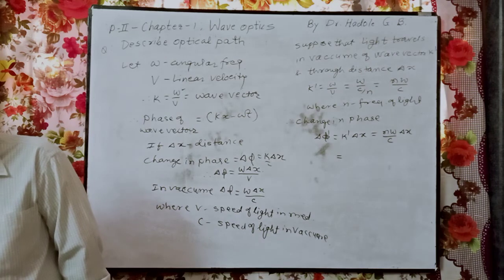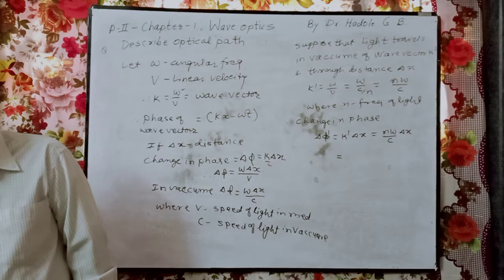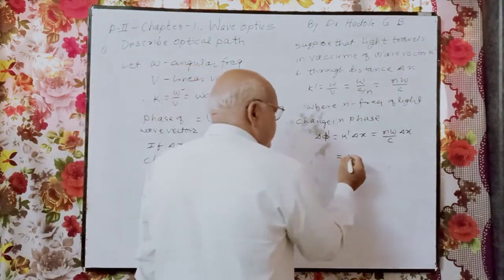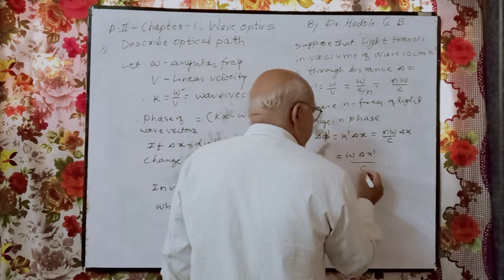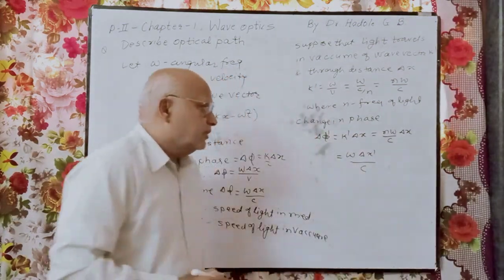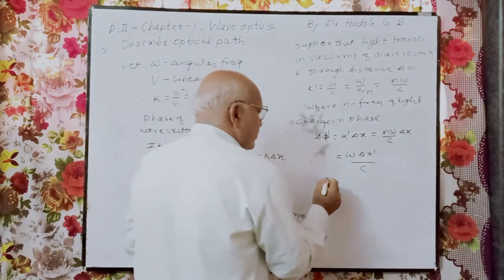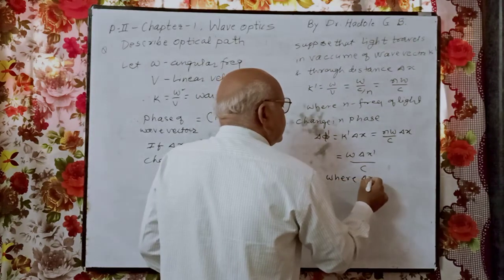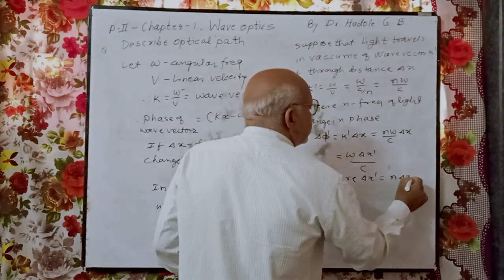Here omega into omega upon c, omega into delta x dash upon c. Therefore, this delta x dash is equal to n times delta x.